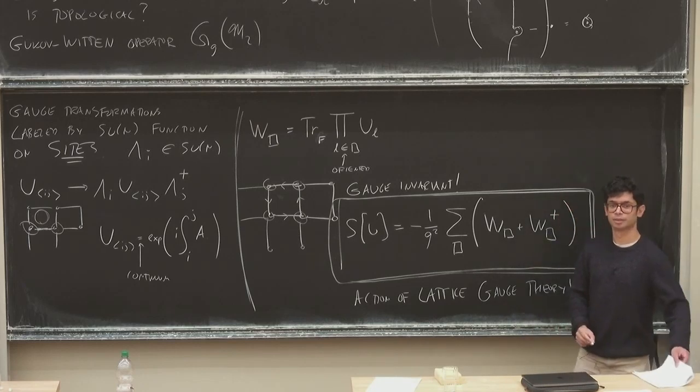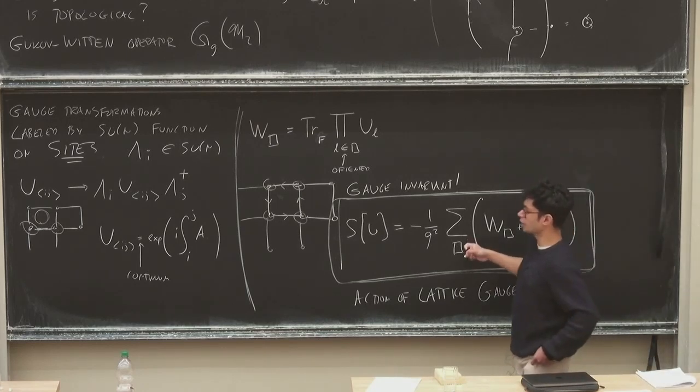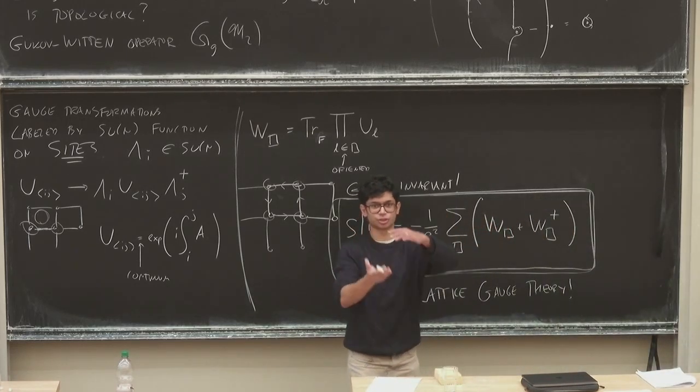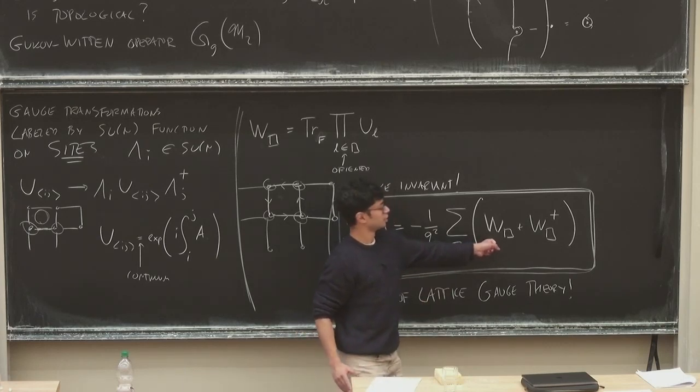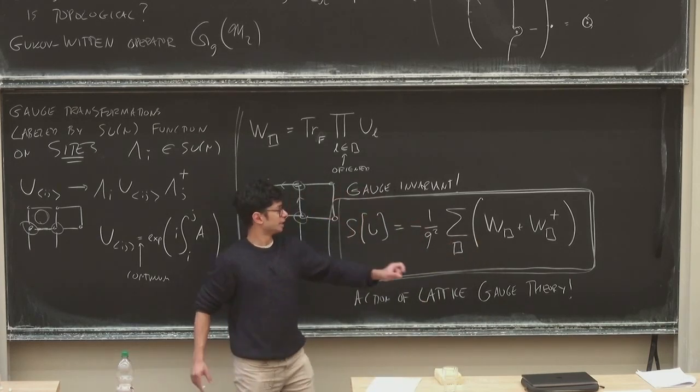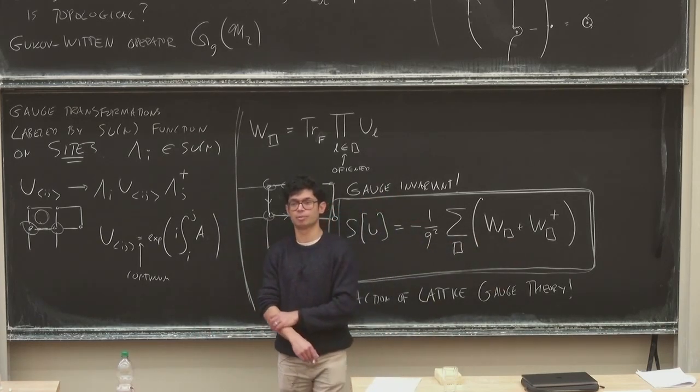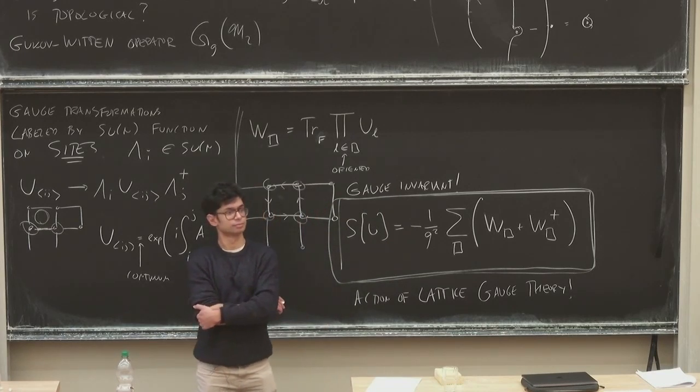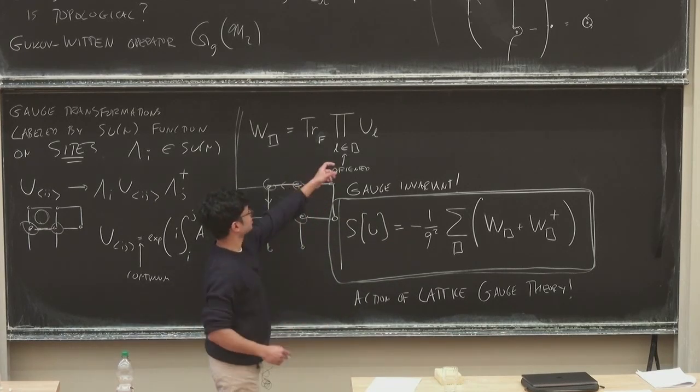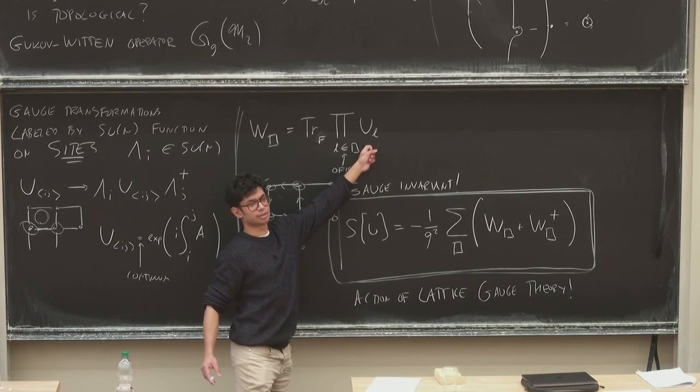You sum over all of the plaquettes in the lattice. From each plaquette, you take this trace of Wilson line things, and you have to add its dagger because generically it's going to be a complex number. There is no square or something. The square is sort of in there already.